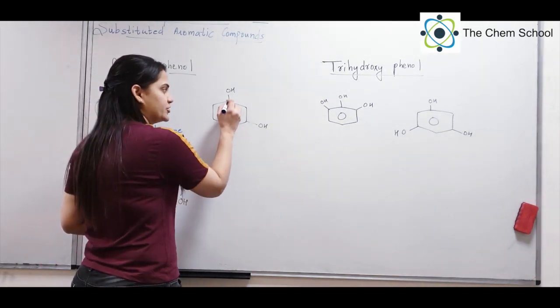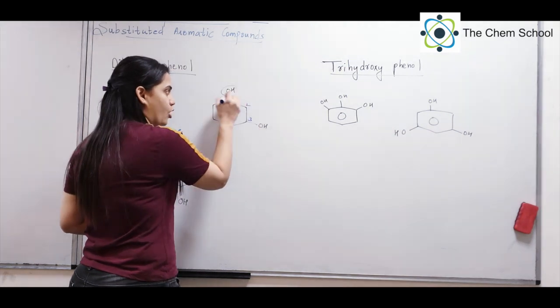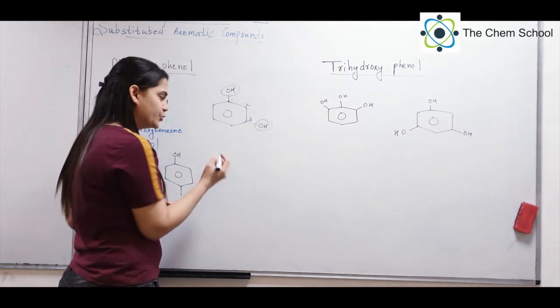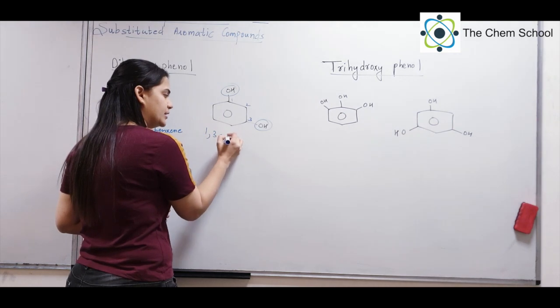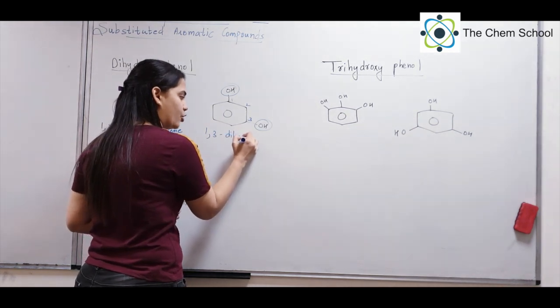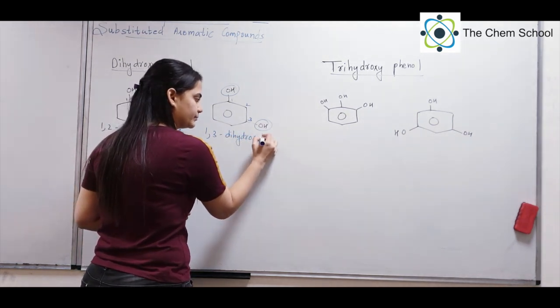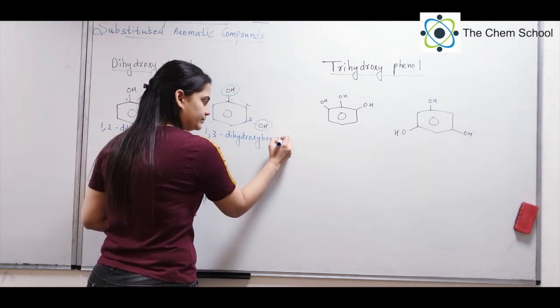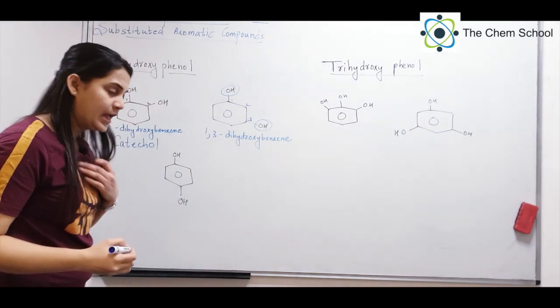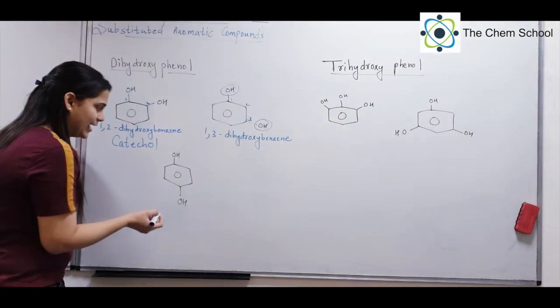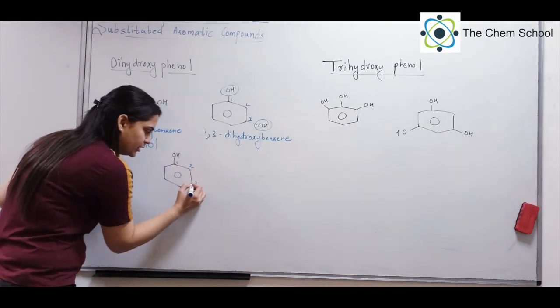If I talk about this structure, this is 1, 2 and 3. So on 1 and 3, you have the substituent. So it is called 1,3-dihydroxybenzene, right? Similarly, if you talk about the last one, it is 1, 2, 3, 4.